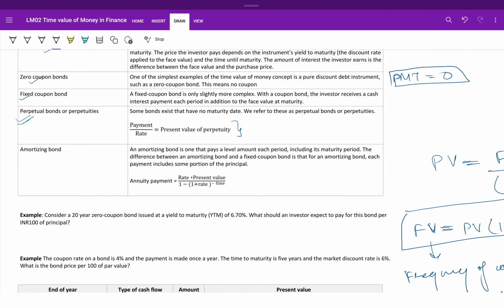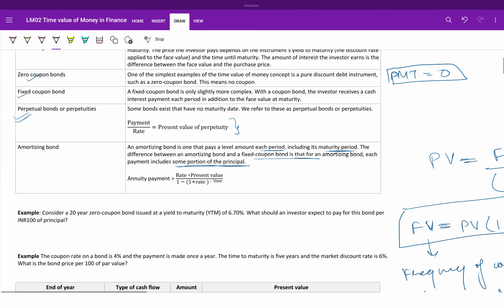Then there is a different kind of bond, the amortizing bond. An amortizing bond is a bond which pays a level amount each period, including its maturity period. The difference between an amortizing bond and a fixed coupon bond is that for an amortizing bond, each payment includes some portion of the principal.